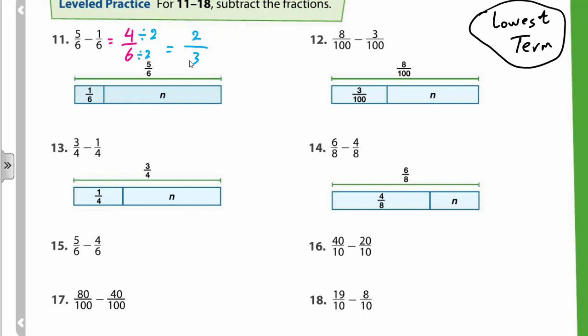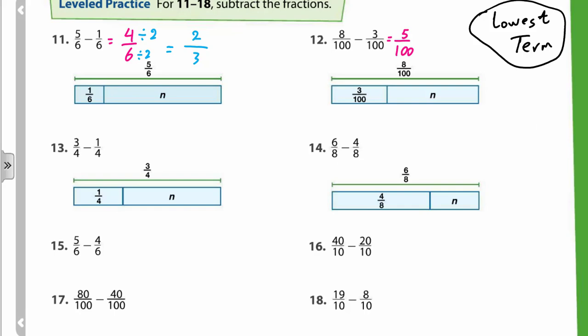Great work. Muhammad Sultan. Muhammad Raed, go ahead. The next one: 8/100 minus 3/100 equals 5/100.